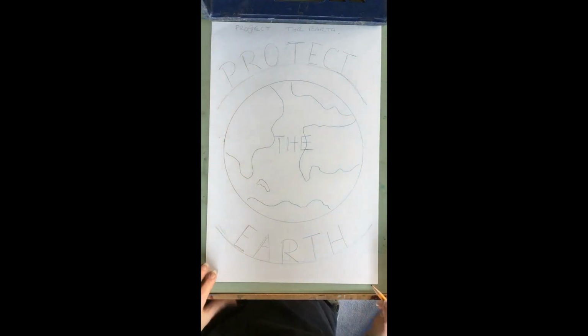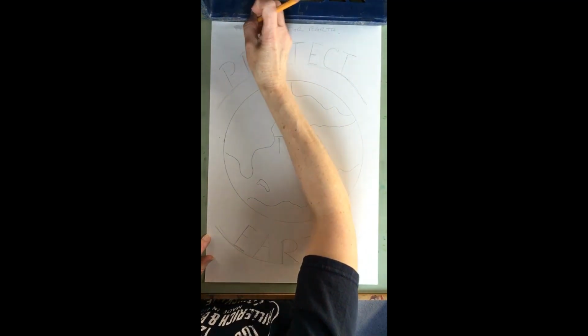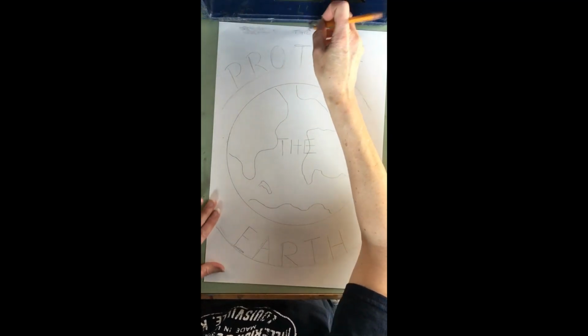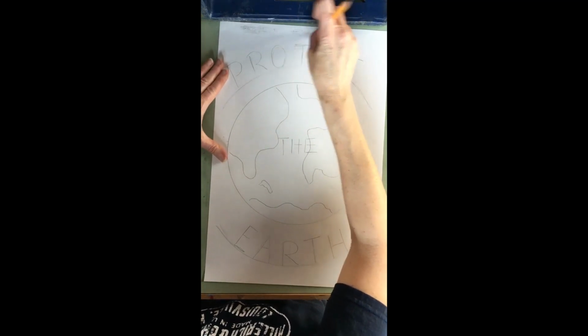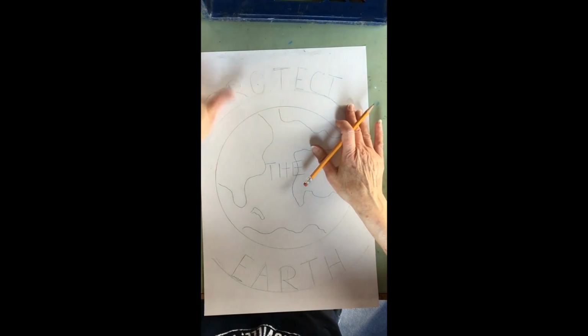All right, now the style of the lettering is up to you. You could look on your computer on the internet and find some different styles of lettering that you like, or you can do simple block letters or bubble letters.